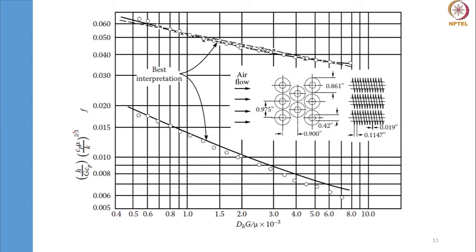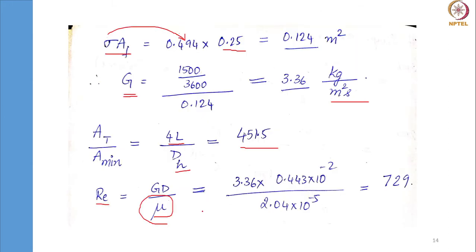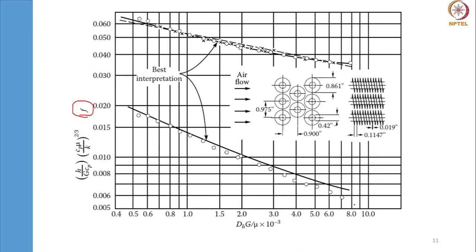All the values are known, and once we plug in, we get Reynolds number as 729. Can you find the approximate value of f for a Reynolds number of 729? This is the curve for f, and the x-axis is Reynolds number.